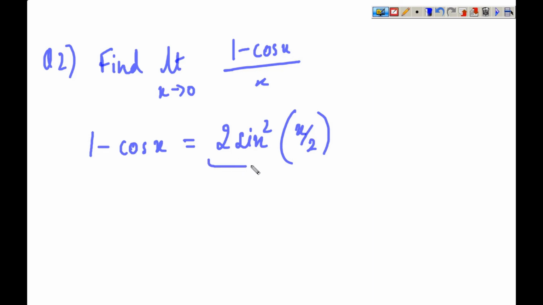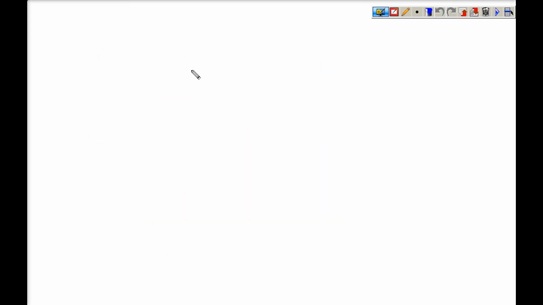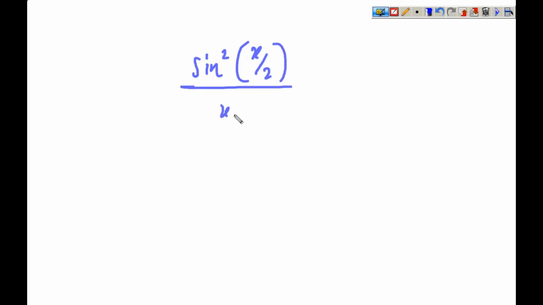So we can simply substitute this into this function, and we can write limit as x approaches 0 of 2 sin square x by 2 by x. This 2 will come down, it will be x by 2. In the denominator we have sin square x by 2 by x by 2, and the limit as x approaches 0.